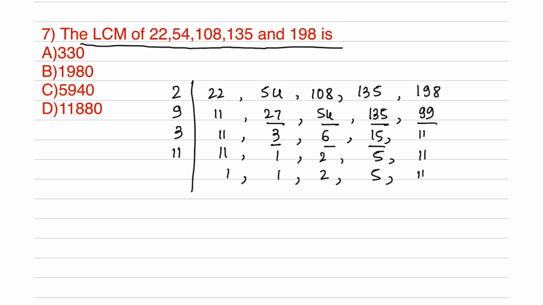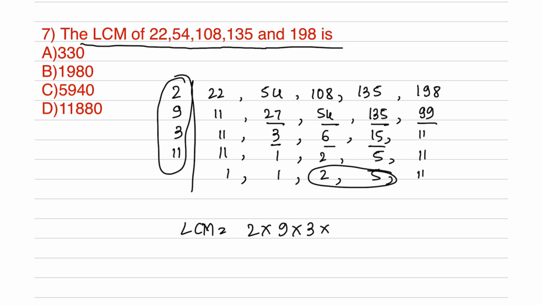So now stop it here only. Take these numbers as well as those which are left in the division. So LCM is 2 into 9 into 3 into 11 and 2 into 5. This you can calculate easily. 2 9s are 18, 11s are 33, 2 5s are 10.